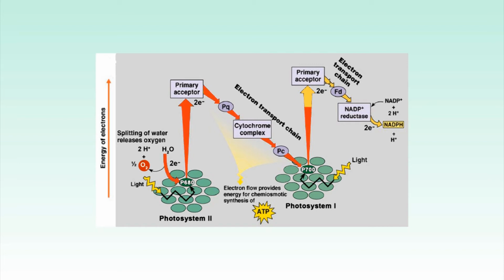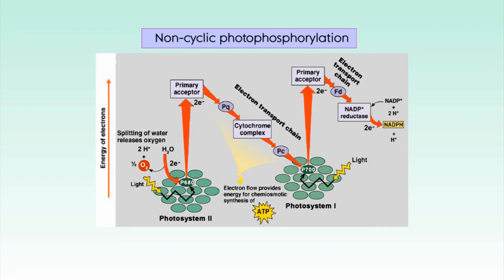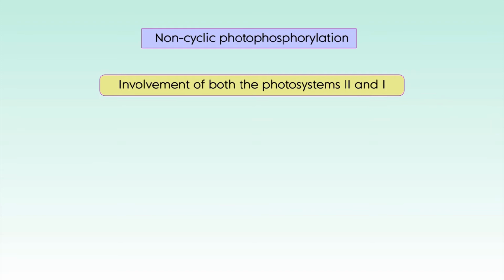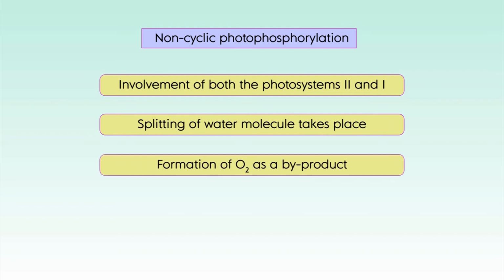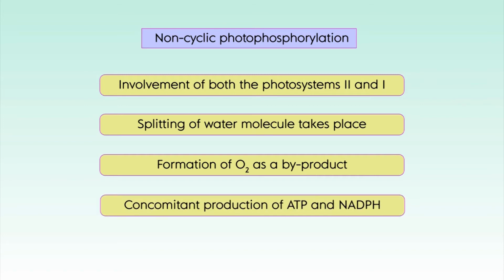Here, the path of the electrons is unidirectional and non-cyclic, and therefore this process is called non-cyclic photophosphorylation. So, in non-cyclic photophosphorylation, there is involvement of both the photosystems 2 and 1. Splitting of water molecules takes place. There is formation of molecular oxygen as a byproduct, and there is concomitant production of ATP and NADPH.